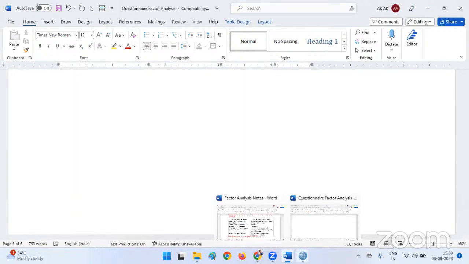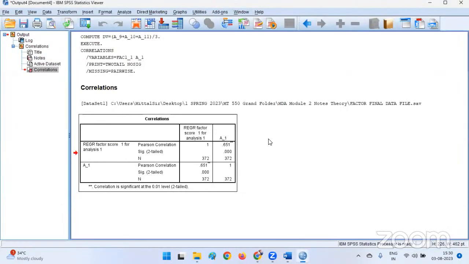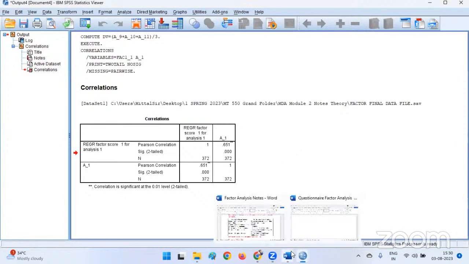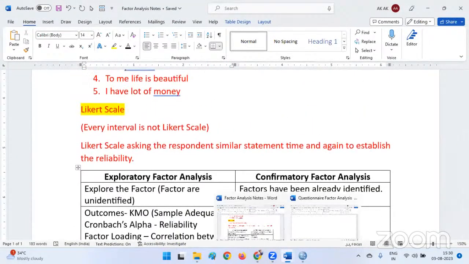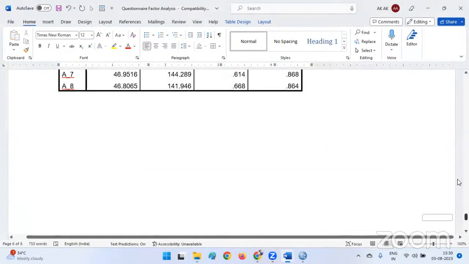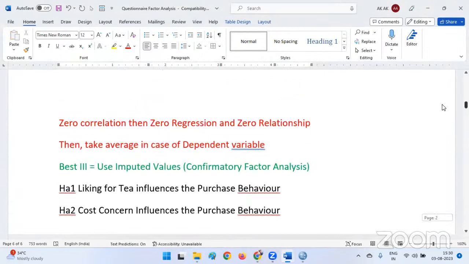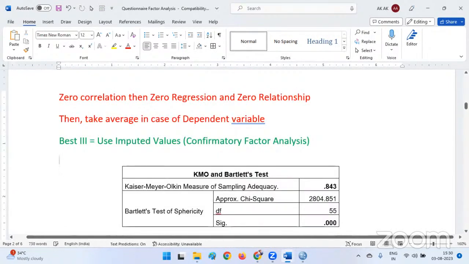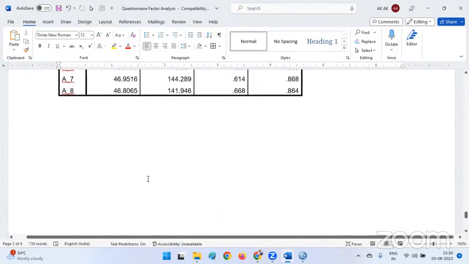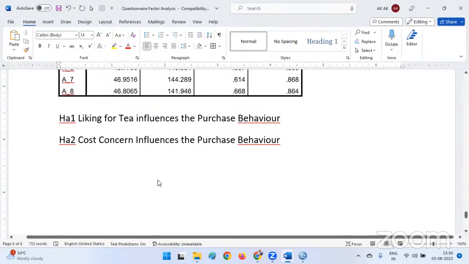More important is the regression analysis, where we find out the impact of one variable on the other. If I go to my original questionnaire, these are the hypotheses I set up. I am cutting these two hypotheses from here and putting them down here.